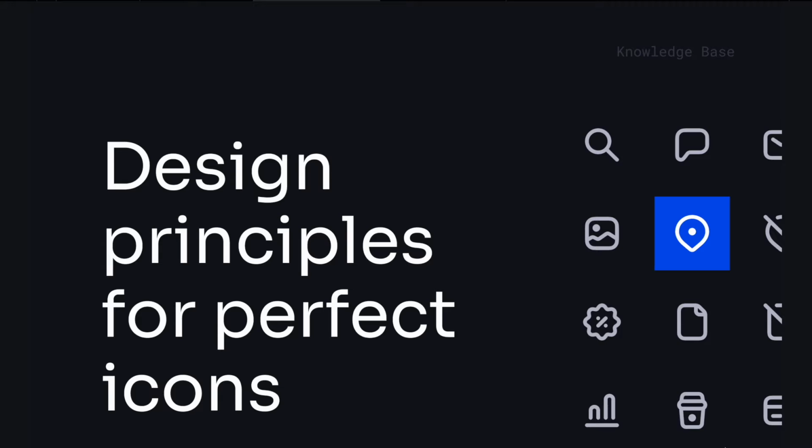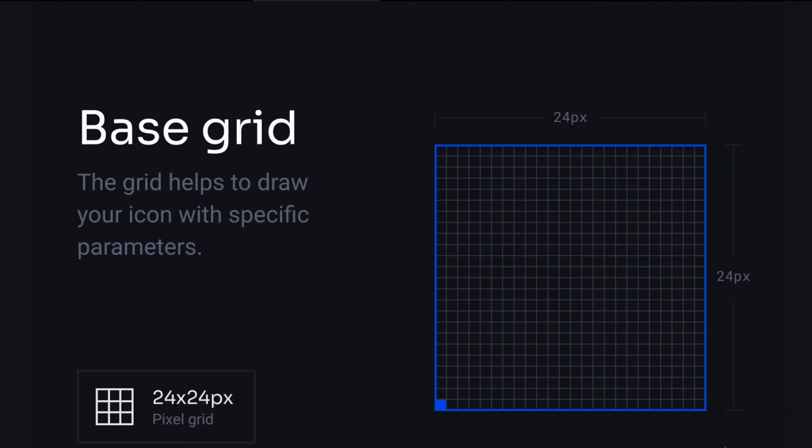So before we jump into Figma and understand how to add icons into a design system, let's first understand some really basic and simple principles for creating perfect icons and prepping them for your design system. Typically, designing icons involves three crucial elements. The first one is known as base grid. It's a grid that helps you to create an icon in a specific parameter.